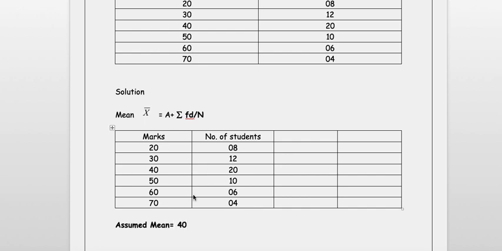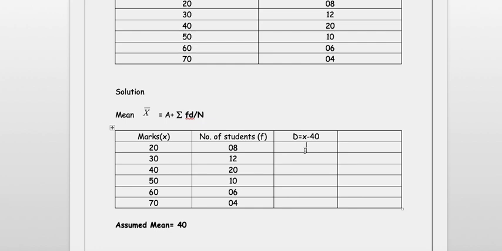Then we will calculate d. Here fd is there. When you are talking about number of students, this can be considered as f. So we have to calculate d here. So how to calculate d? It's very easy. It's x minus the assume mean. We have taken assume mean as 40, so d will be x minus 40. These are the numbers for x.